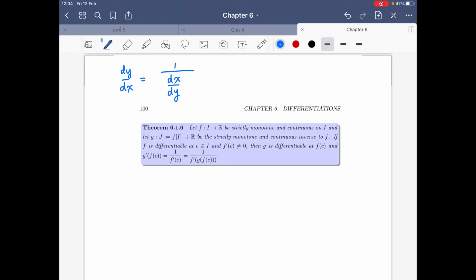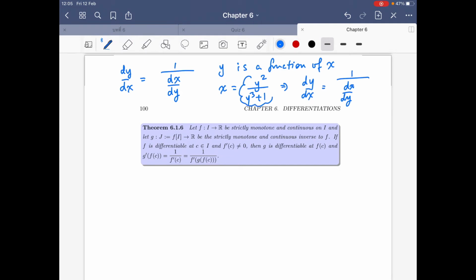So for example, if y is a function of x, but instead of writing y equals, you may have x equals y squared over y cubed plus 1, something like that, and you need to find dy/dx, then you can just use this formula to find dx/dy instead.